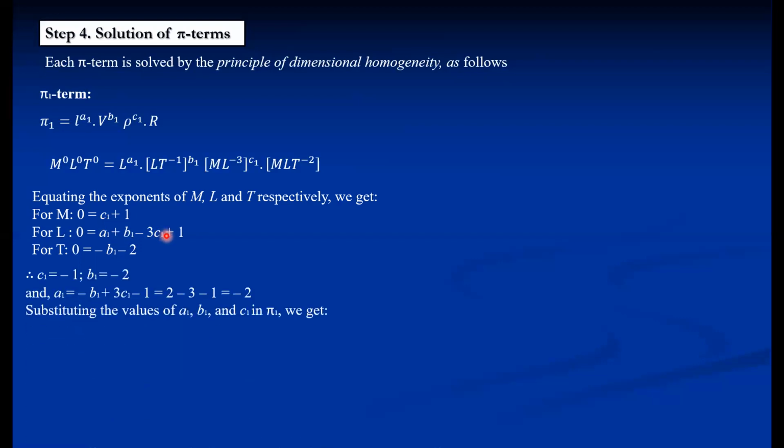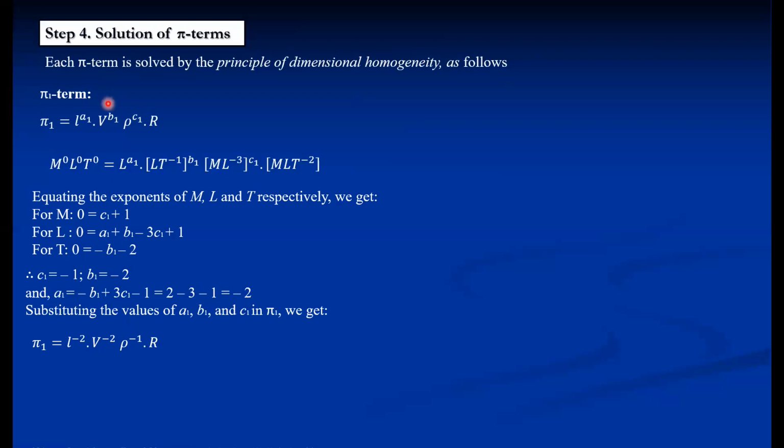Now we can put the values of B1 is equal to -2 here, and C1 is equal to -1. We can calculate all the constants. So C1 is equal to -1, B1 is equal to -2, and putting C1 and B1 in this expression, we can calculate A1, that is -2. Substituting A1, B1, C1 in the pi 1 term, we can develop the expression: L raised to A1, means A1 power we can write -2.